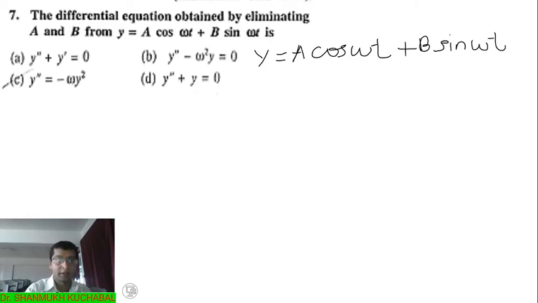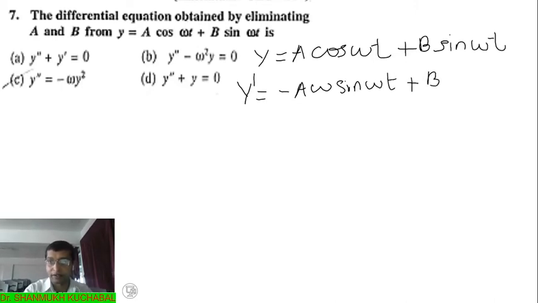Differentiating y, we get y dash. See here, the notations are y dash, y double dash, not dy by dx. So we use the same notation: y dash equal to minus a omega sin omega t plus b omega cos omega t.